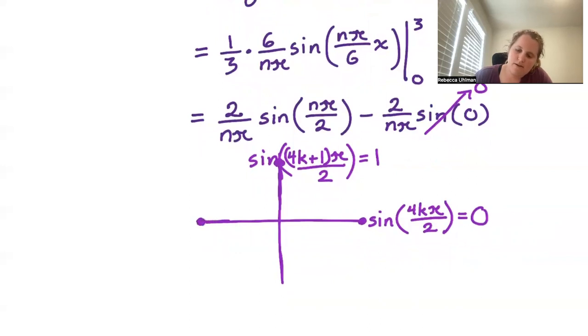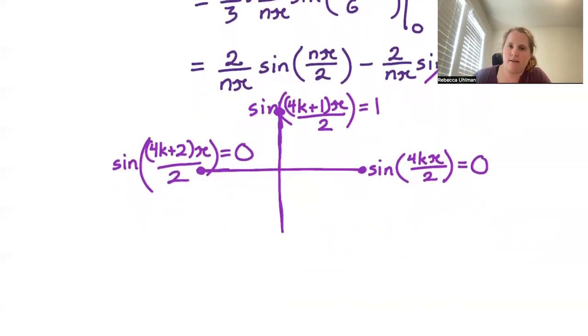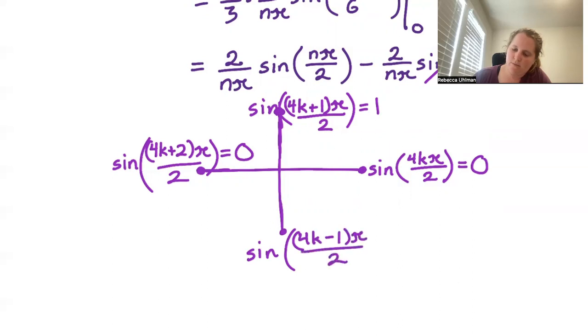And at sine of 4k plus 2 times pi over 2, we're back to 0. And then at 4k plus 3, or we can do it as 4k minus 1 times pi over 2, we are looking at -1.